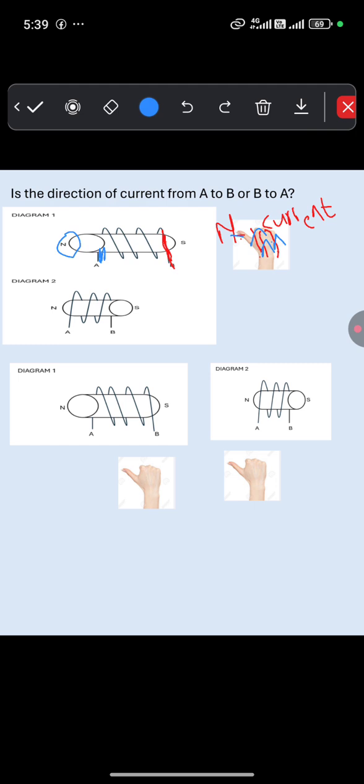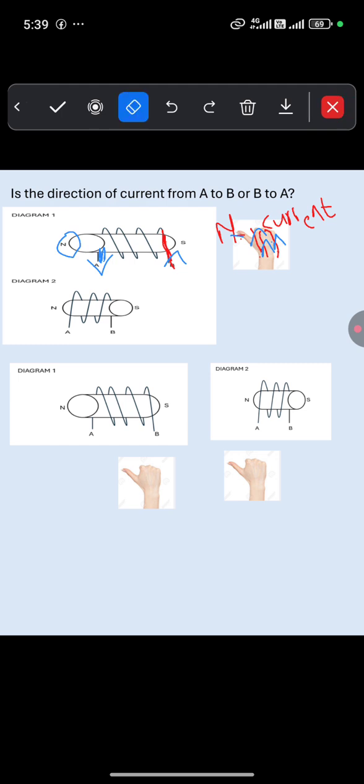And then at the back, your fingers are pointing down, right? At the back, your fingers are pointing down. Then in front, they are pointing up.